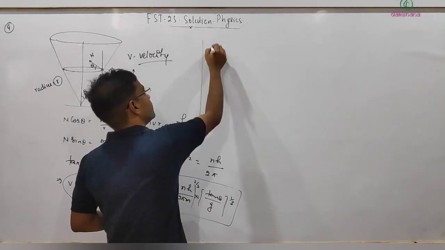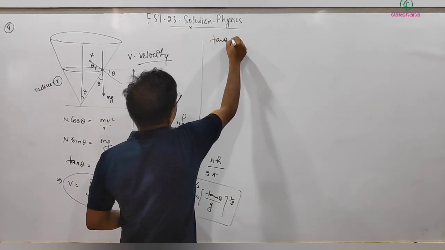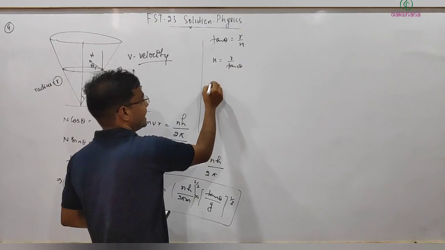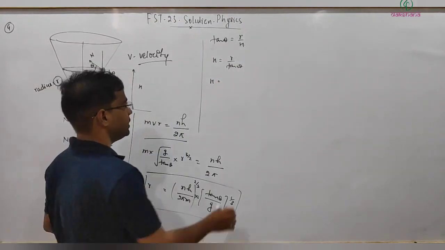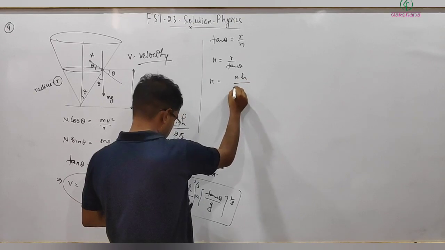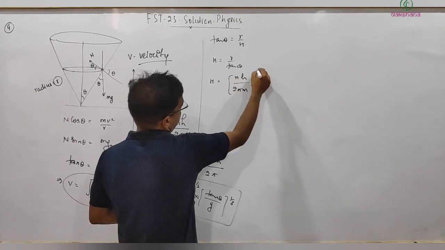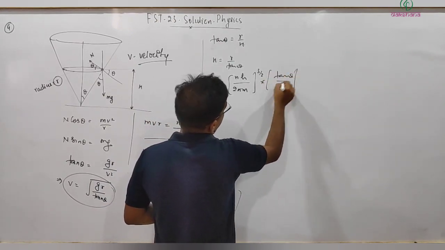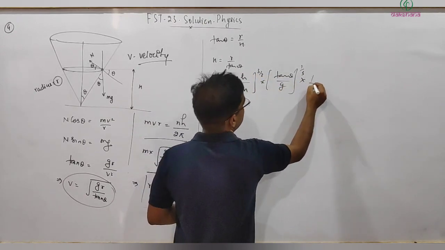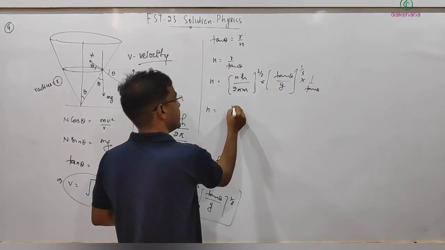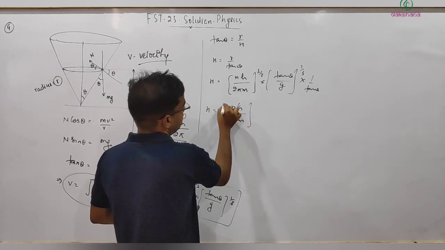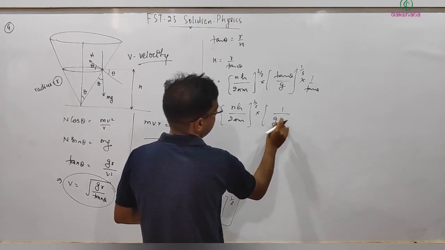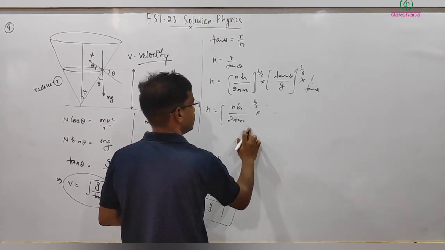Now I can write tan theta is equal to what? r by h. So h is equal to r by tan theta, and then h comes out to be the same thing: nh divided by 2 pi m, to the power 2 by 3, into tan theta divided by g to the power 1 by 3, and then 1 by tan theta. Simplifying, I'm getting nh divided by 2 pi m to the power 2 by 3 into 1 by g to the power 1 by 3, and tan theta will be added here.